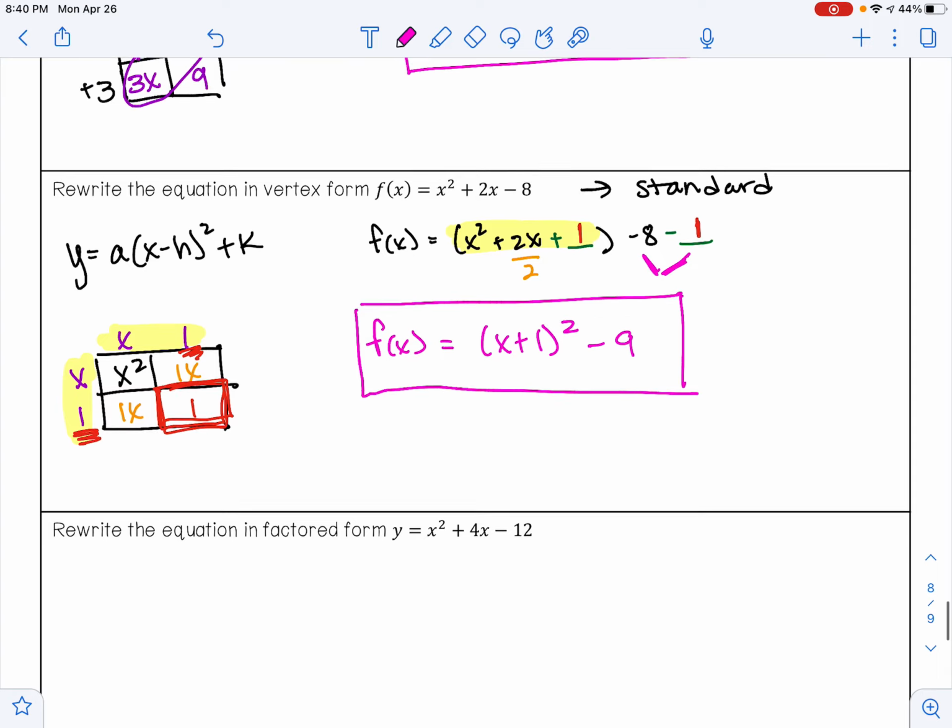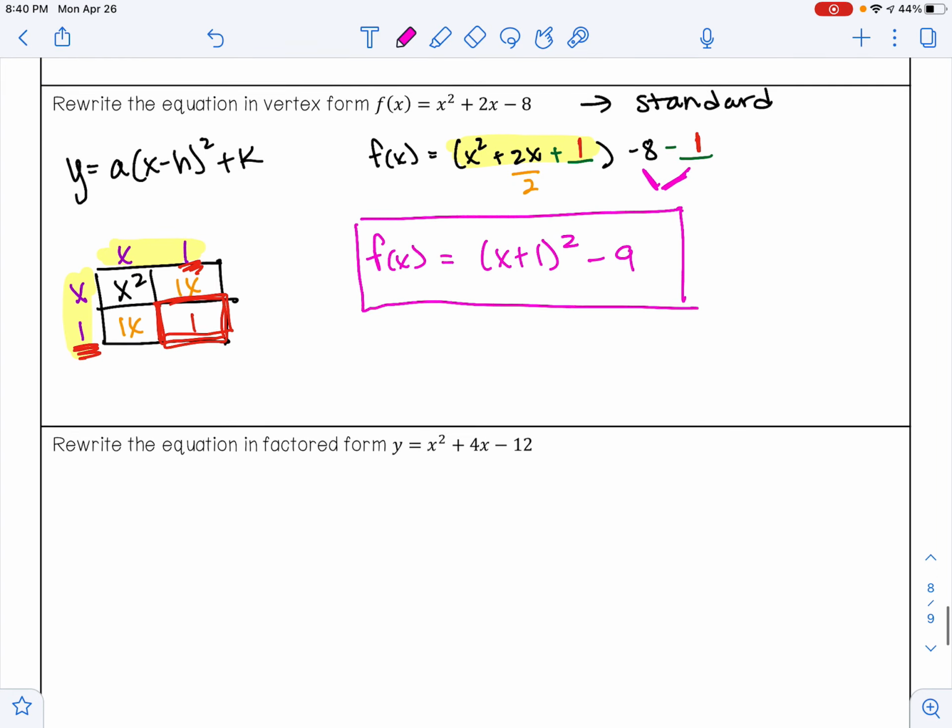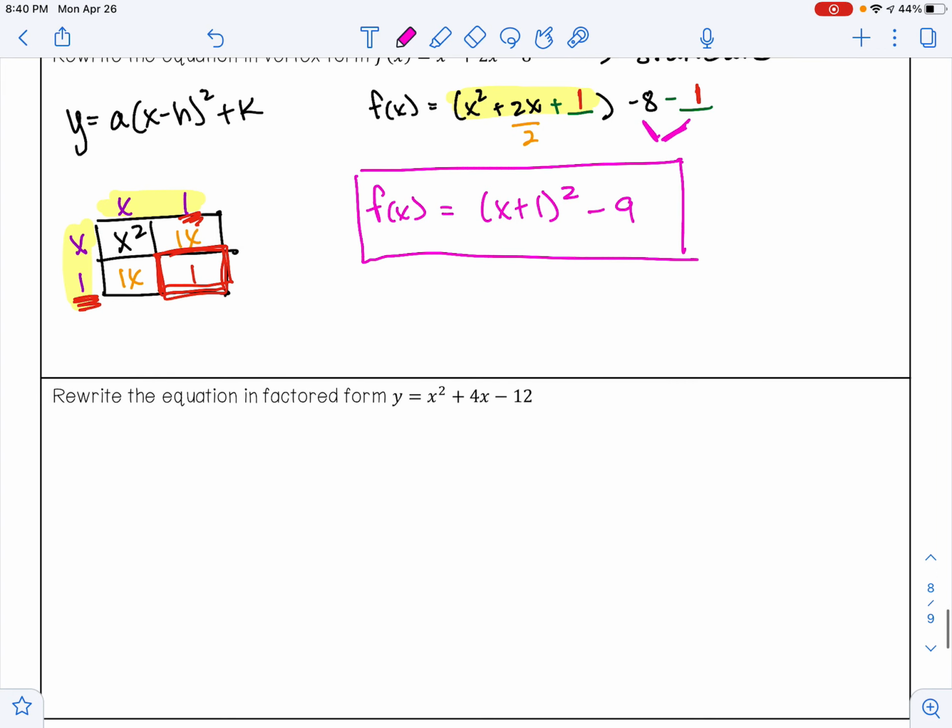And then our last problem says rewrite the equation in factored form. This is currently written in standard form. To go from standard form to factored form, all we need to do is factor.